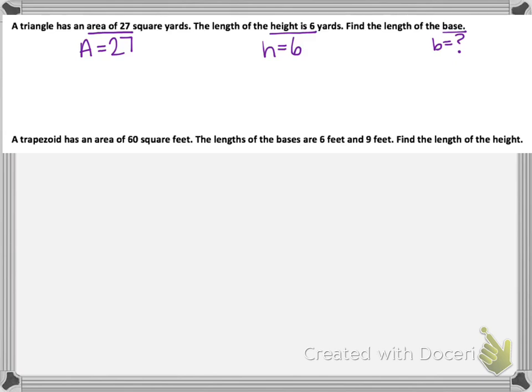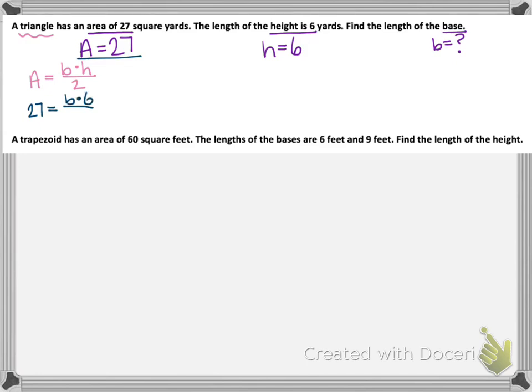Okay. So we have the area of a triangle. Beautiful. So area equals base times height divided by 2. Now we'll fill in what we know. They told me that the area is 27, so I'll put 27 in for area equals. I don't know what my base is. That's what I'm trying to find.